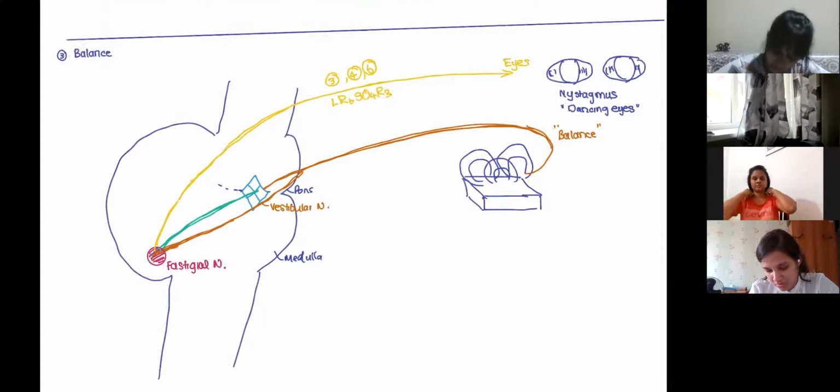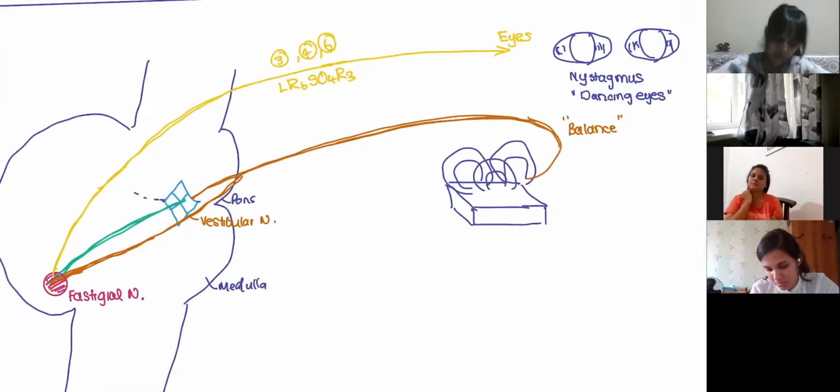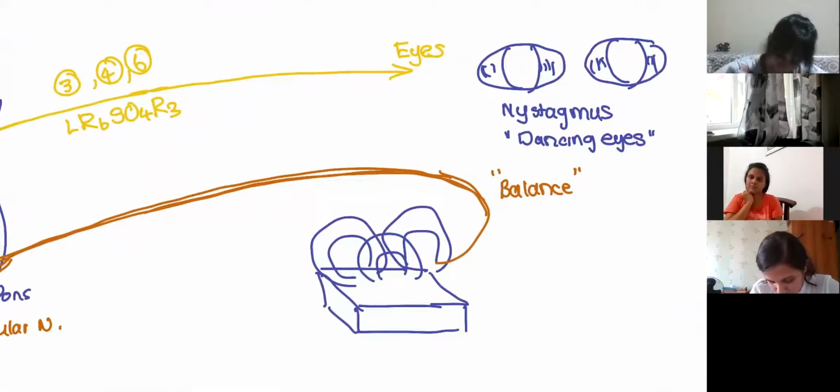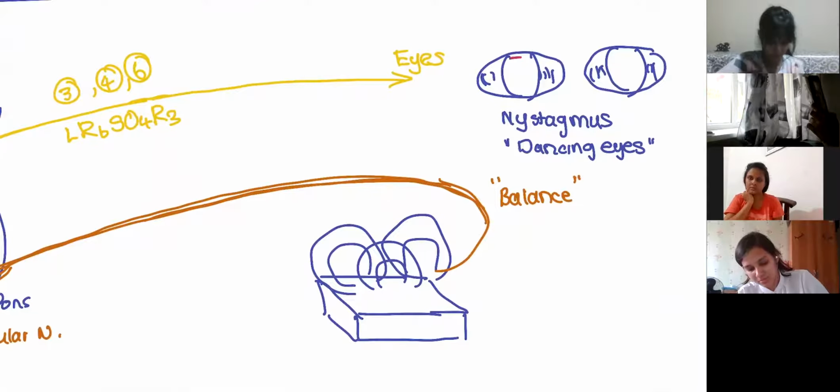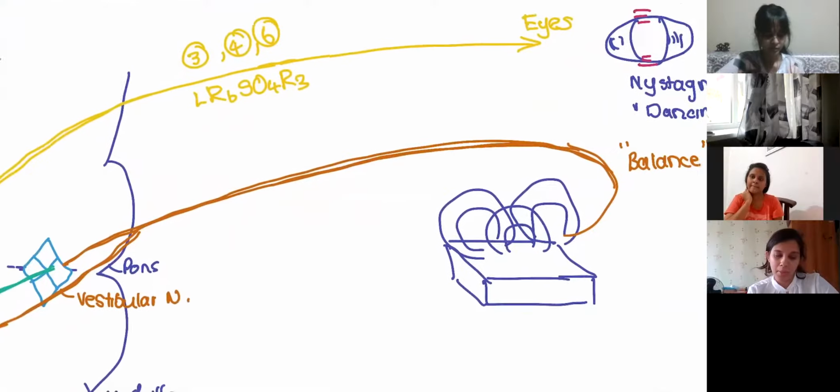Guys, check the group. Can someone tell me, is this horizontal nystagmus or vertical nystagmus that I sent you? Horizontal, yes, that is horizontal. Vertical will be if the eye movement is going up and down like this.